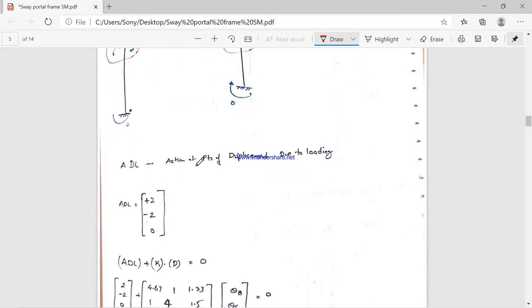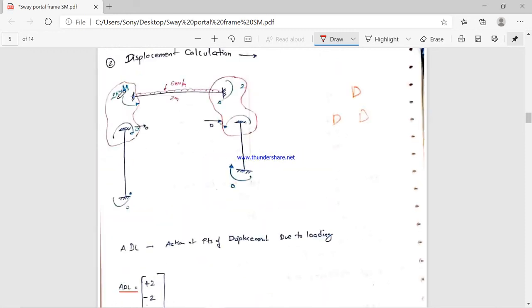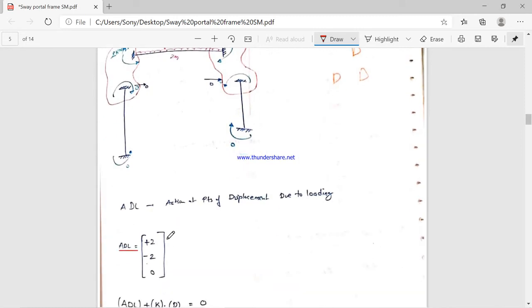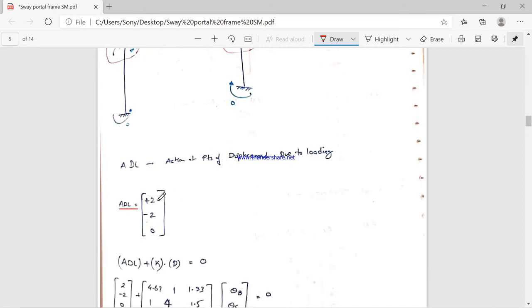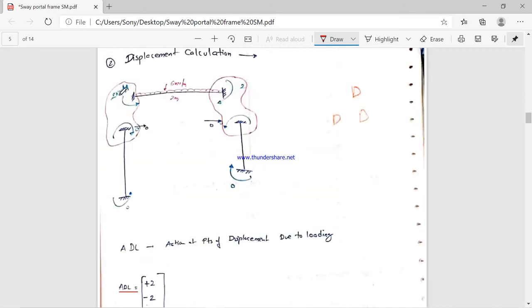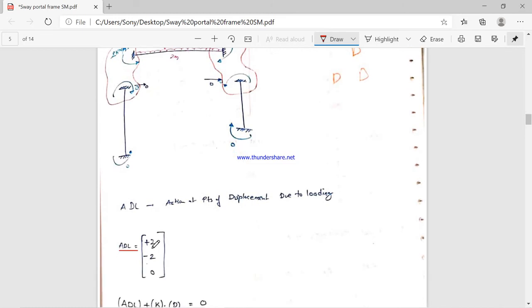Now the action at the point of the displacement due to loading, ADL, we have to calculate. Here it will be acting anti-clockwise. So here we have to calculate the coordinates of the unknowns: at theta B, at theta C, and at delta. Theta B value will be plus 2. How will plus 2 come? Here it is acting as minus, but in matrix form it will be written as plus.